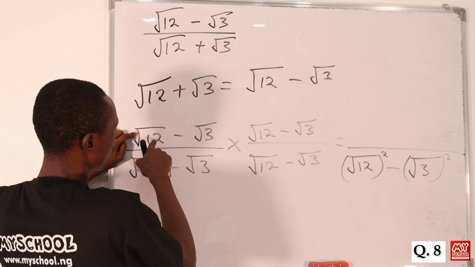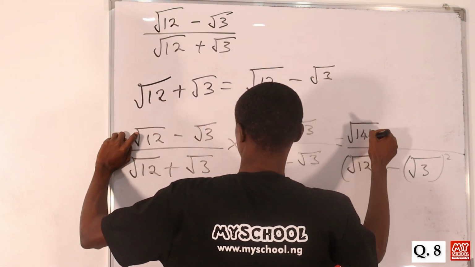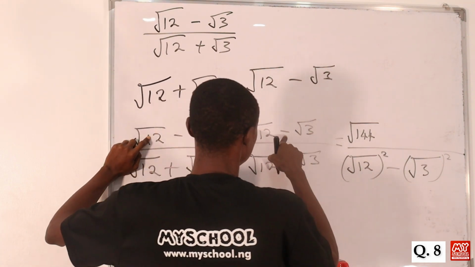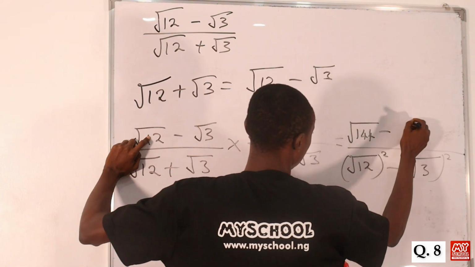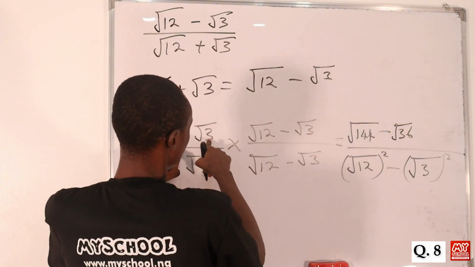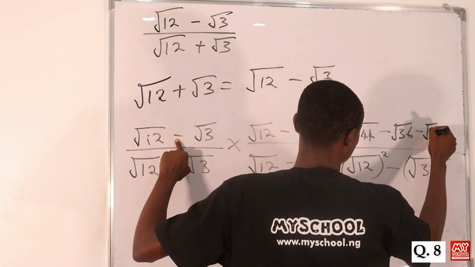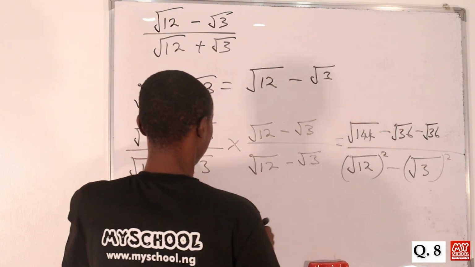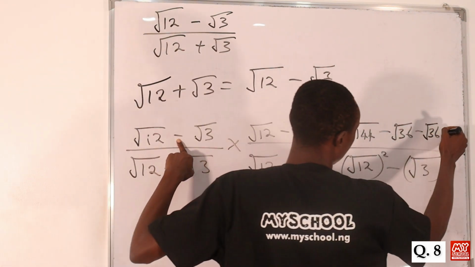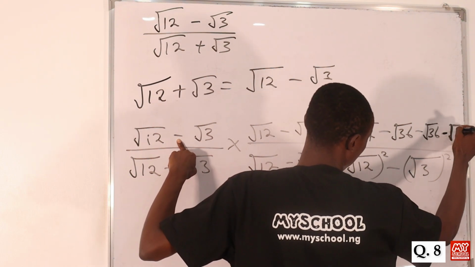So here we'll be having root 12 times root 12. That will give us root 144. Then root 12 times root 3, of course this is minus, so we'll be having minus root 36. Then minus root 3 times root 12 will give us minus root 36. Then minus root 3 times minus root 3 will give us plus root 9.